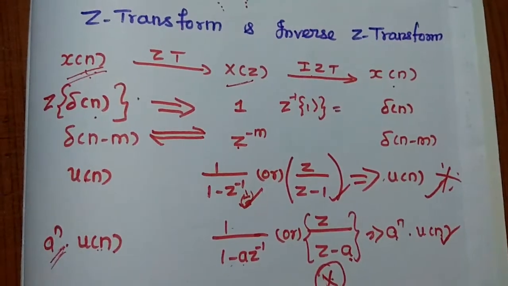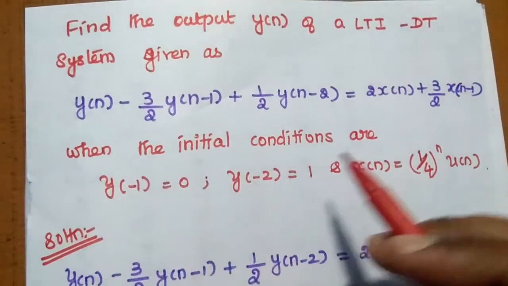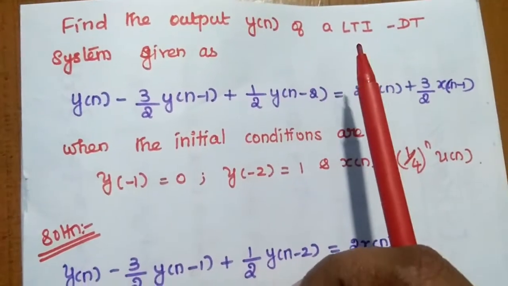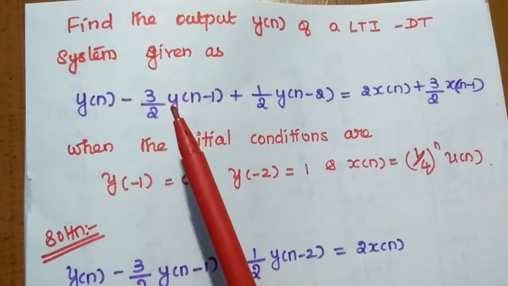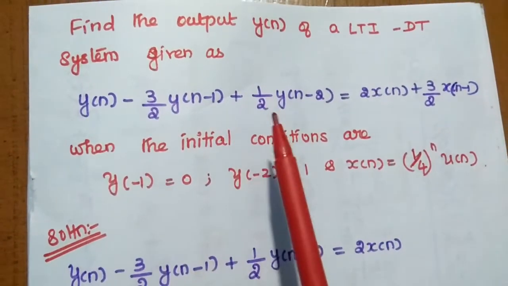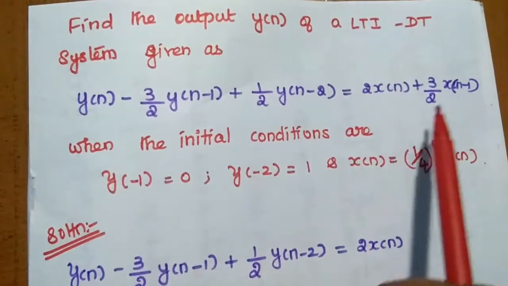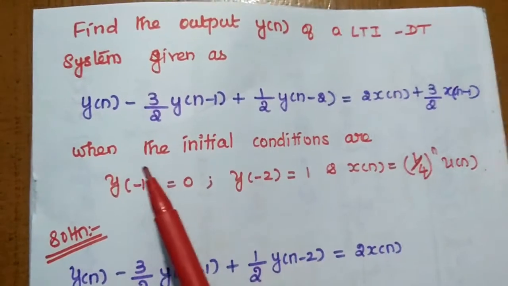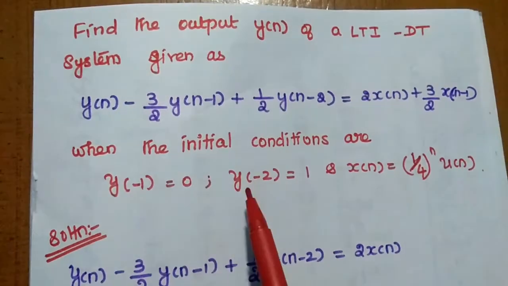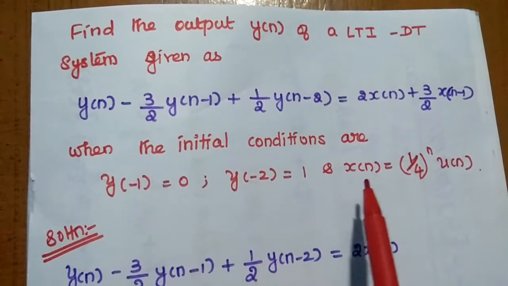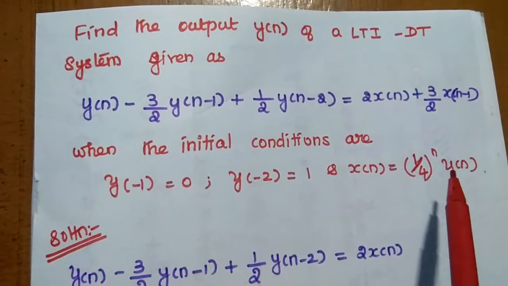So if I take the inverse Z transform of this, I can get back a power n u of n. The given problem is to find the output y of n of an LTI DT system given as y of n minus 3 by 2 y of n minus 1 plus 1 by 2 y of n minus 2 is equal to 2 into x of n plus 3 by 2 x of n minus 1, when the initial conditions are y of minus 1 is equal to 0, y of minus 2 is equal to 1, and x of n is equal to 1 by 4 the whole power n into u of n.